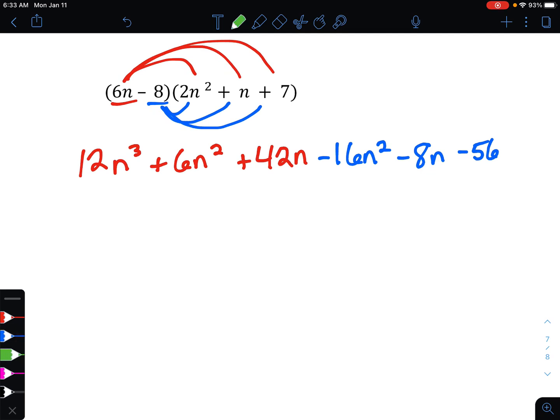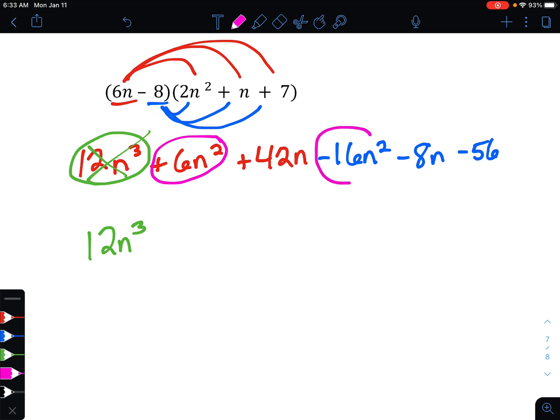All right, so now it's time to combine some like terms. For 12n cubed, that is the only one that is cubed, so we'll just copy that down and look for our next two terms. So for n squared, we have plus 6n squared and a minus 16n squared. So 6 minus 16 is negative 10n squared. And then we'll look for our next two terms.